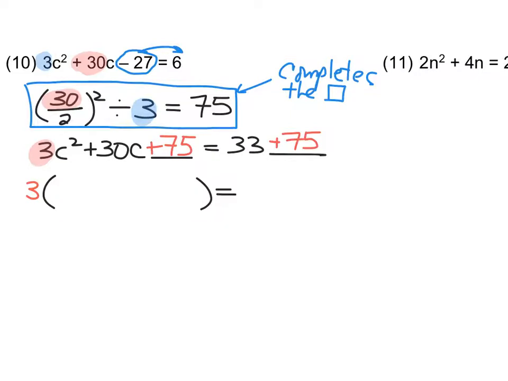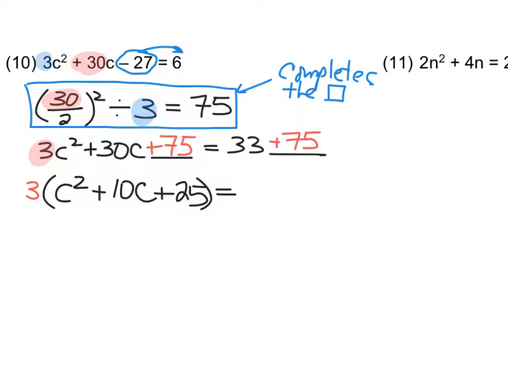So I'm going to divide each term of the trinomial by 3. 3c squared divided by 3 is c squared. 30c divided by 3 is 10c. And 75 divided by 3 is 25. It's at this point you'll realize that you're doing everything right or you made a mistake, because if this is not a perfect square trinomial, then you made a mistake.